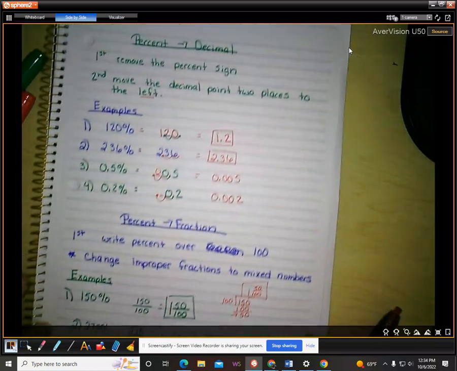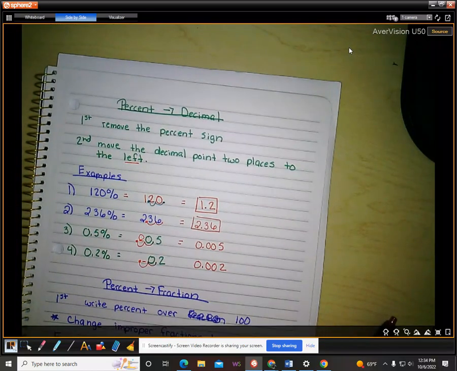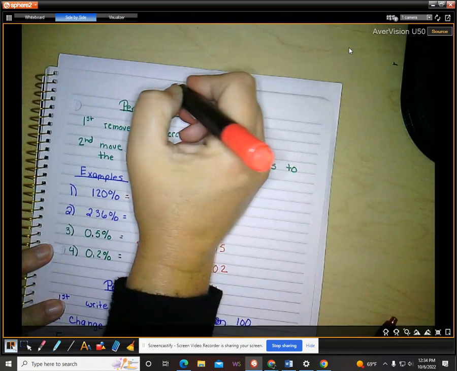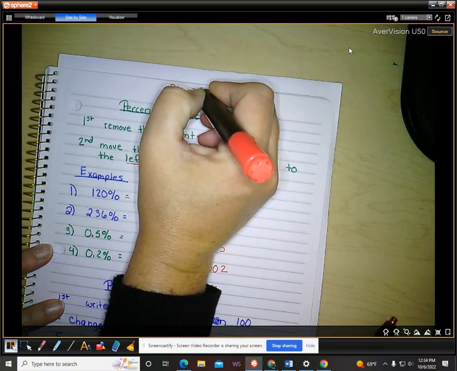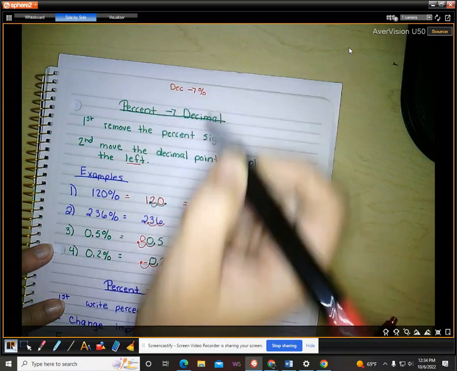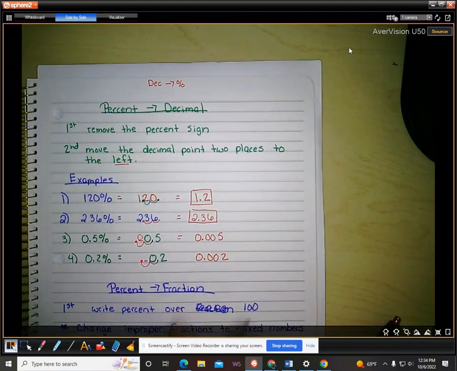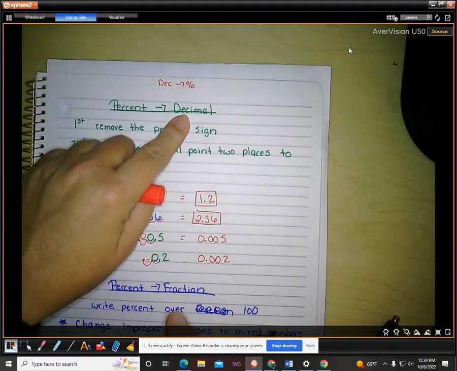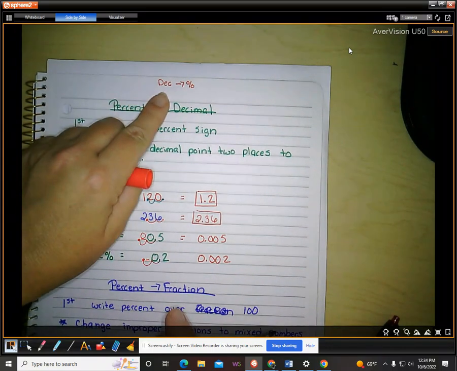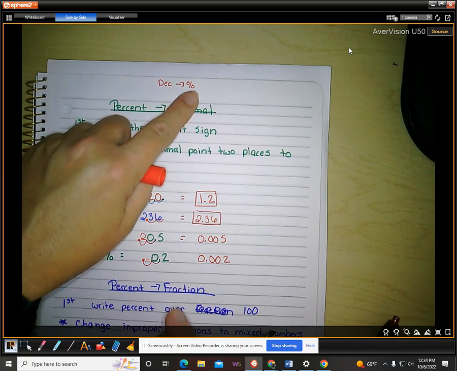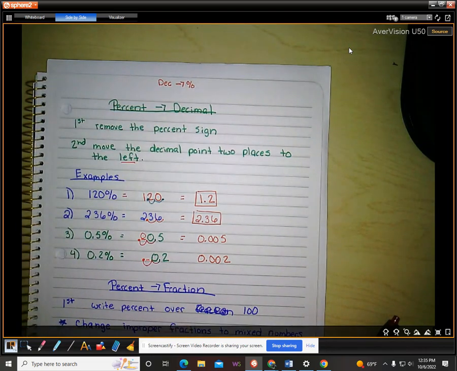Then I want to just briefly review. We'll go way up here at the top. If we have a decimal and we're changing it to a percent. Percent to decimal, we went to the left 2 places. What do we do when we're going from a decimal to a percent?